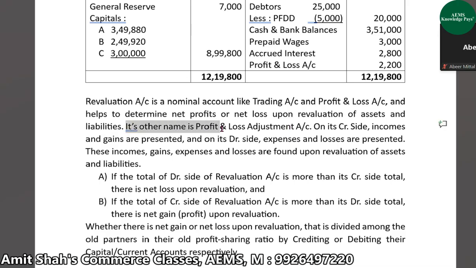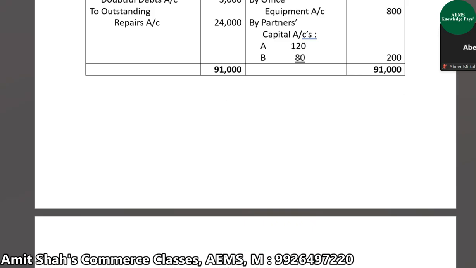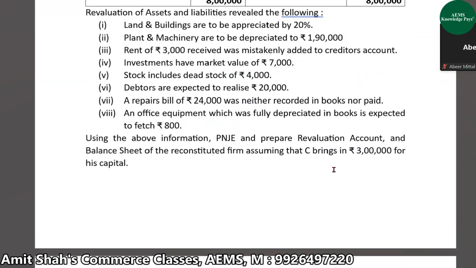Its other name is profit and loss adjustment account, right? Okay. So guys, I am done with this.